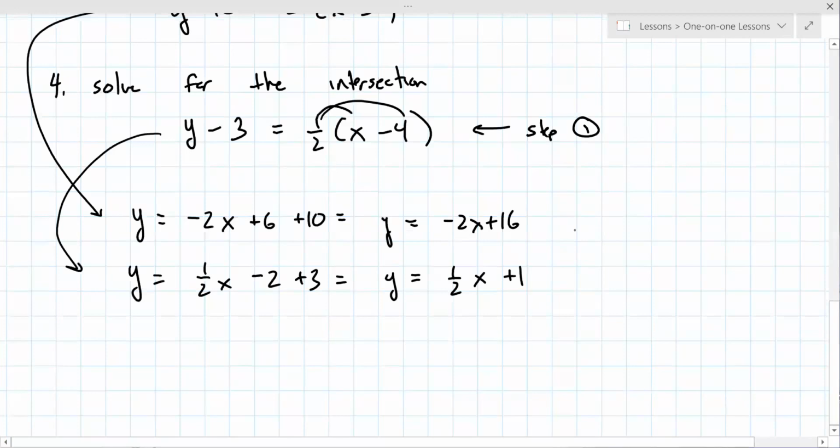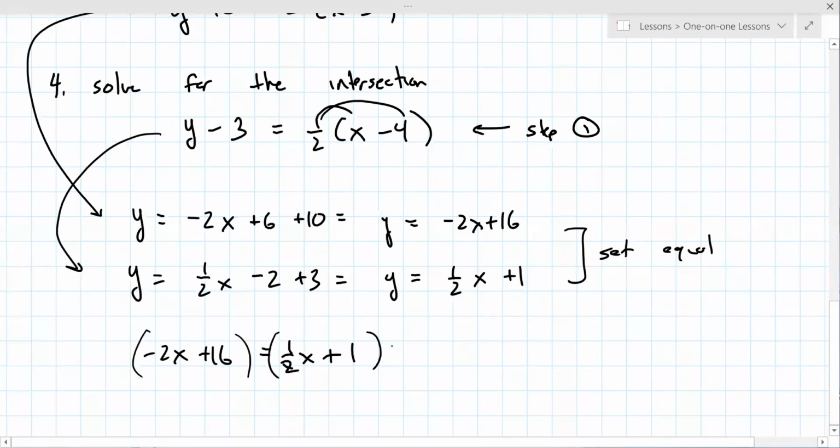So we can now set these equal. These are very long problems. Minus 2x plus 16 equals 1/2 x plus 1. I'm going to multiply both sides by 2 to get rid of that fraction. So you get minus 4x plus 32 equals x plus 2.